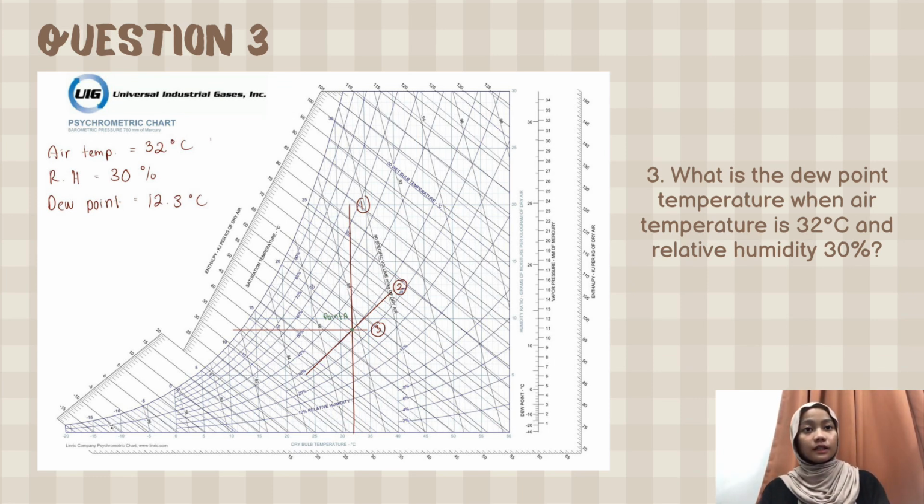Then draw another line at 30% relative humidity. After that, the first line and second line collide and point A is created. Lastly, draw a horizontal line from point A to the saturation line to get the dew point temperature. Finally, the answer is 12.3 Celsius.